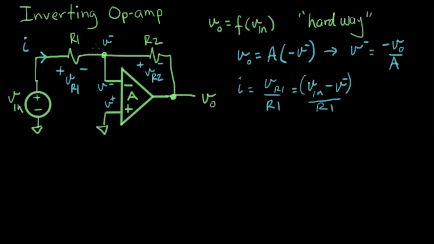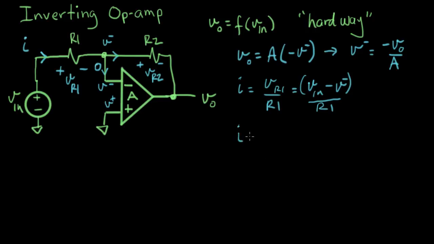All right, so that's the current going through this guy here. And now I'm going to use something special that I know about this amplifier. What I know about an op amp is that this current here is equal to 0. There's no current that flows into an ideal op amp. So I can take advantage of that. What that means is that I flows in R2. So let me write an expression for I based on R2.